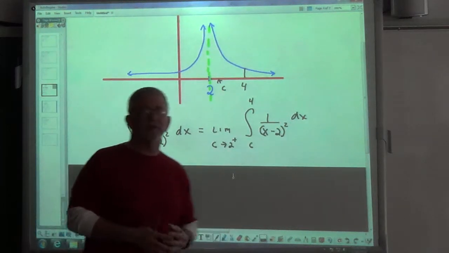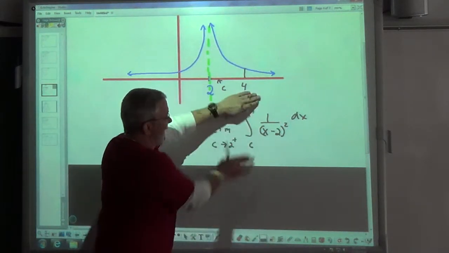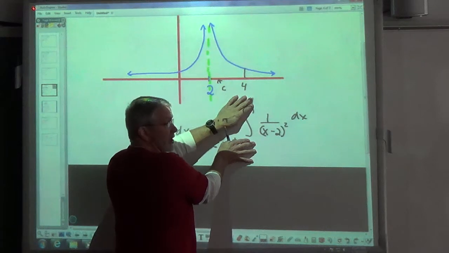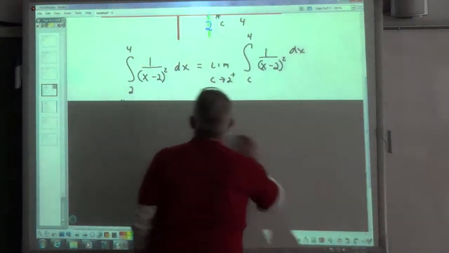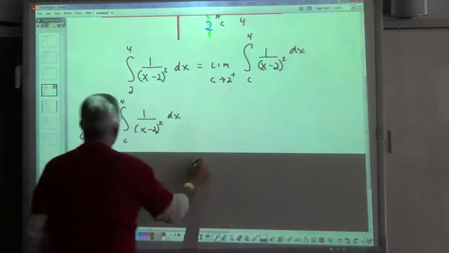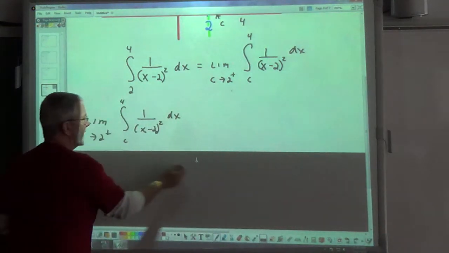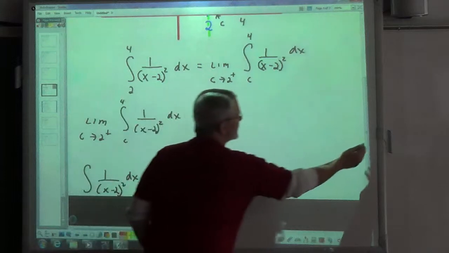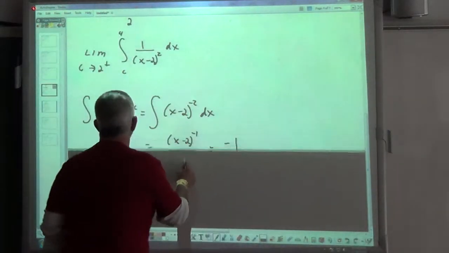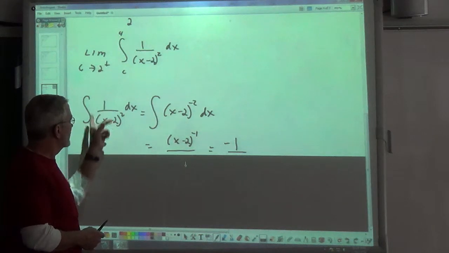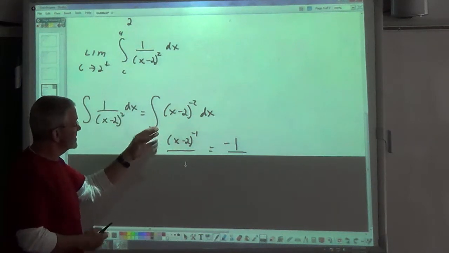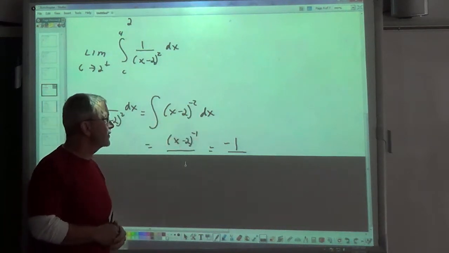First, to evaluate this, I'm going to figure out the general antiderivative of 1 over quantity x minus 2 squared. That's step number 1. So 1 over quantity x minus 2 squared dx is the same as x minus 2 to the negative 2.